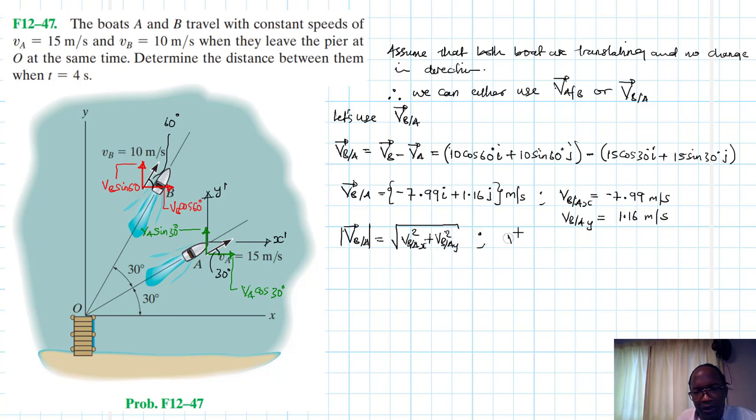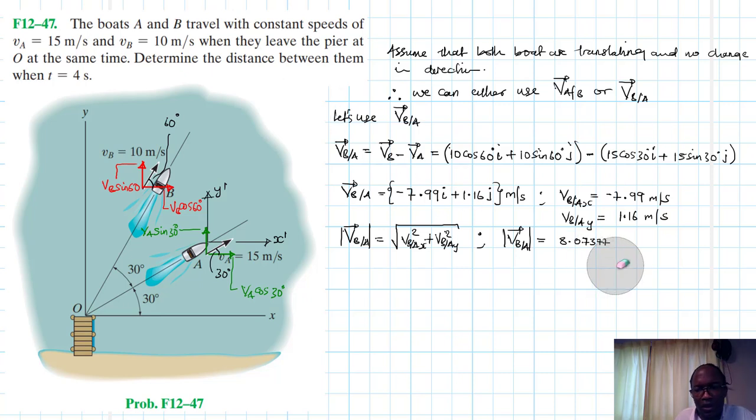This gives us our VBA magnitude equal to, grab your calculator, 7.99 squared plus 1.16 squared, square root of that, we have 8.0737.